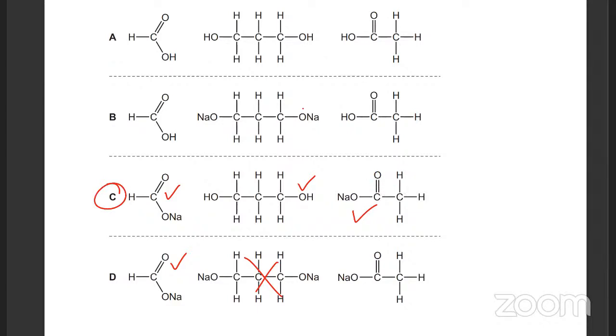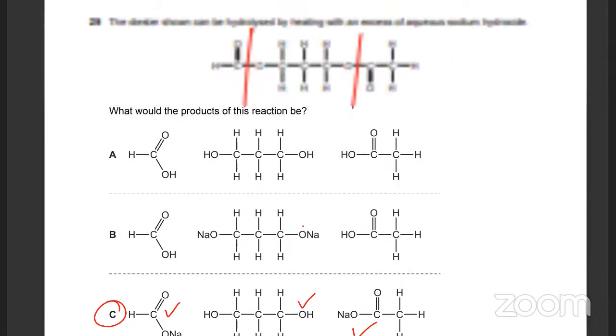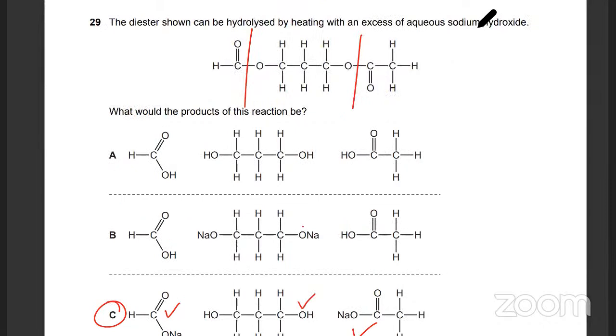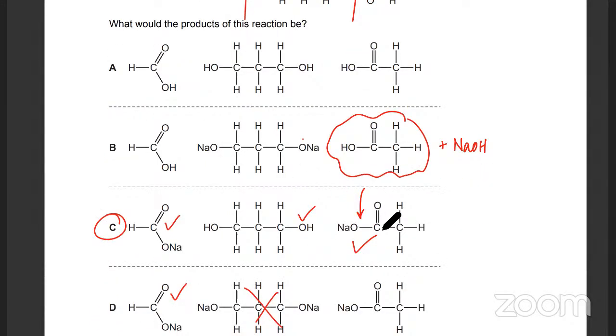Because you've added an alkali to it. It's alkaline hydrolysis. I'm not saying the carboxylic acid will not form, but you have NaOH. What happens when carboxylic acids and NaOH react? There's an excess of NaOH, so they will end up forming a salt. Is that clear? Yes.